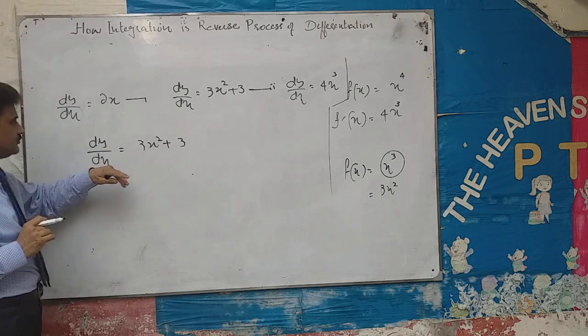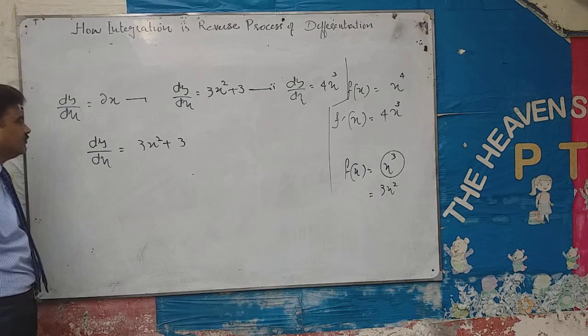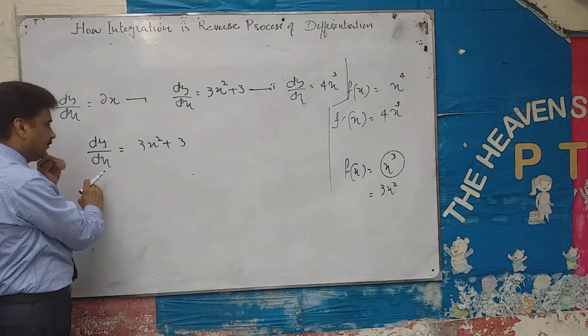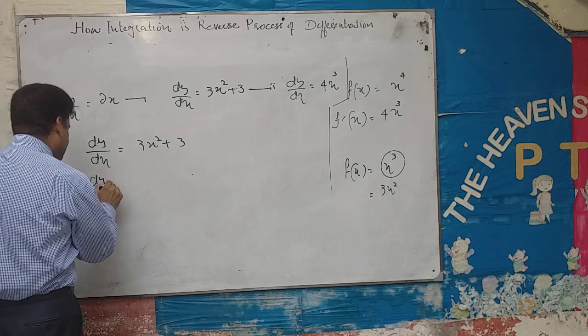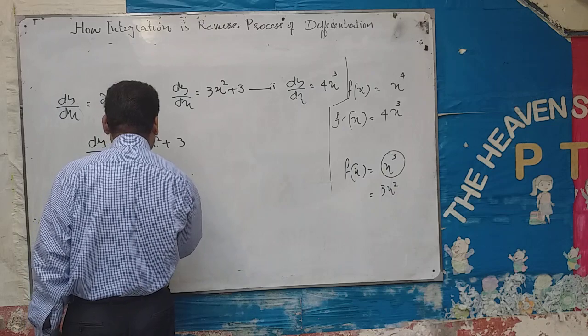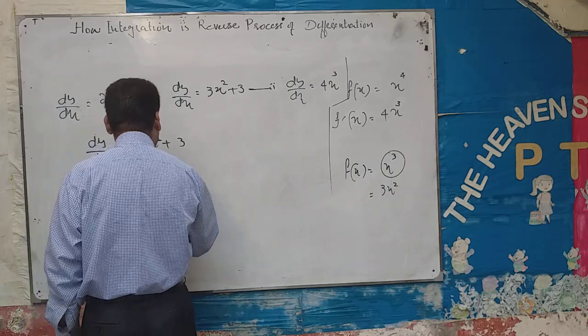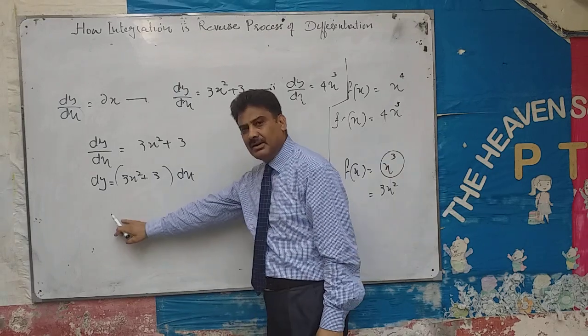Now, how can we integrate this? We first separate the variables. dy is equal to 3x square plus 3 multiplied by dx. This process is known as separating the variables.